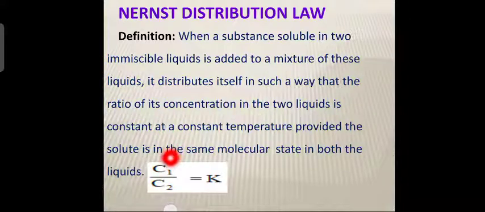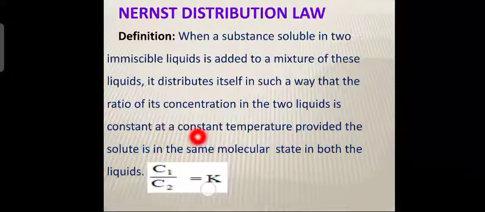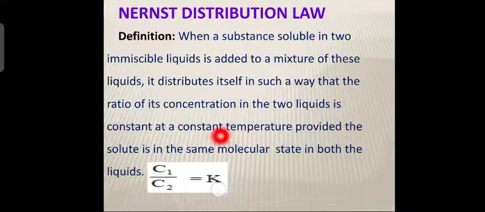Suppose 1 is one liquid and 2 is another liquid; the ratio C1 by C2 is always a constant K, provided the temperature remains constant. If the temperature changes, this ratio will not remain constant. That is known as Nernst distribution law.